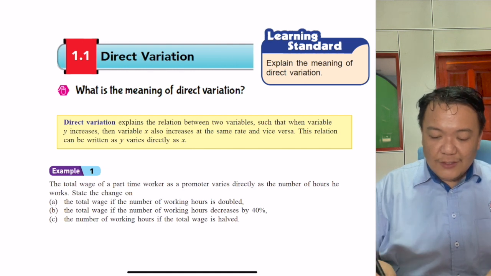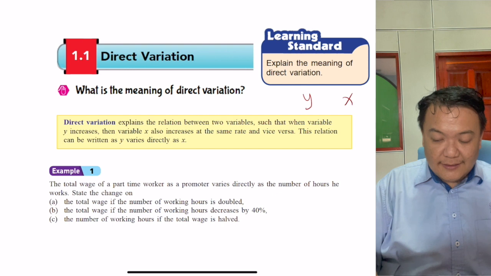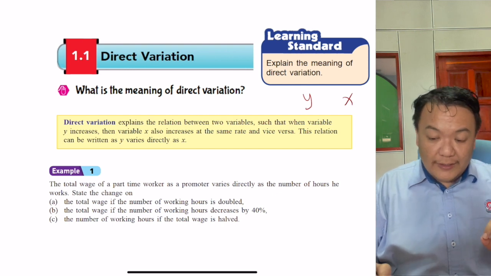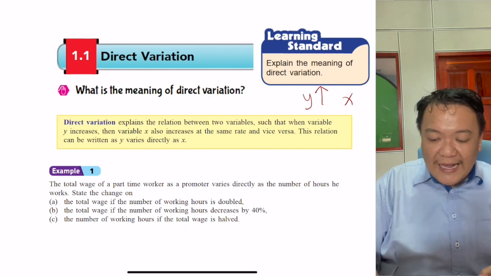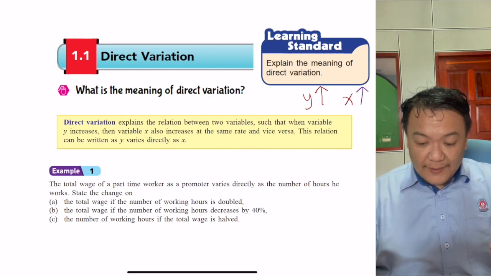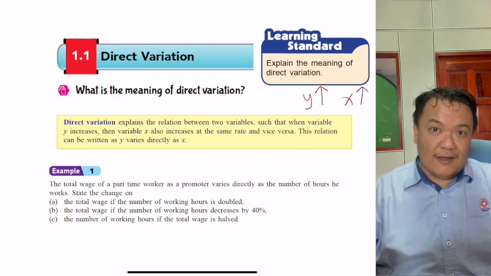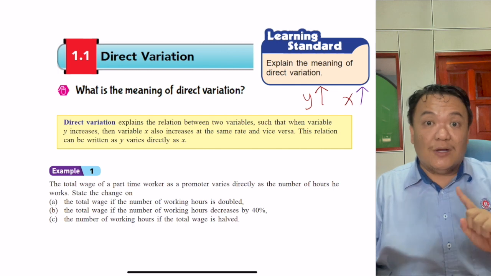In this situation, if you have two variables, y and x, if your y variable increases, then your x also increases with the same rate, and vice versa. Faham kalau y itu meningkat, x juga meningkat.